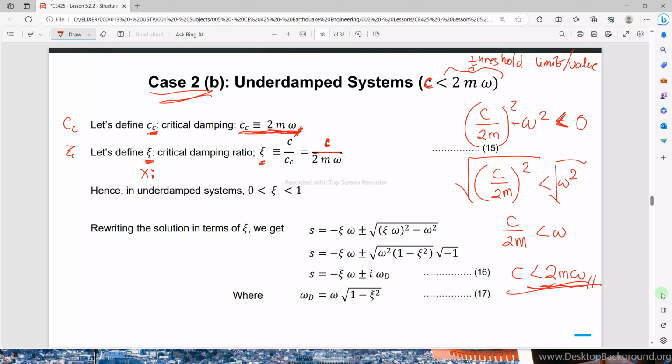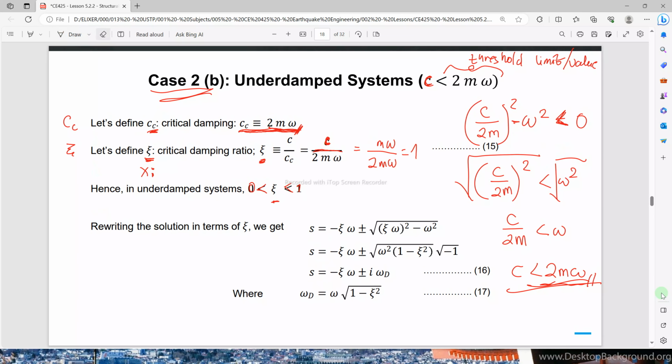For an underdamped system, our xi is greater than 0 but less than 1, because it is just the ratio of the damping coefficient over 2m omega. If c is 2m omega, that will be equal to 1. But since c is less than the critical damping, the damping ratio is greater than 0 but less than 1.